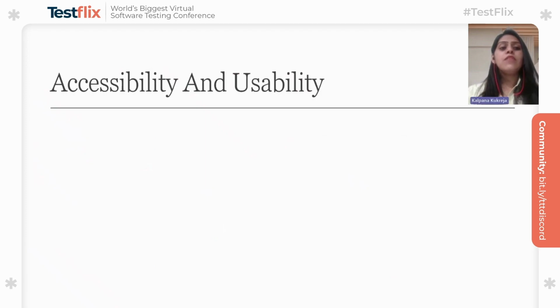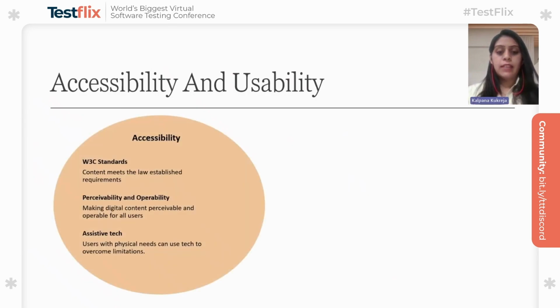Now, we have used the terms accessibility and usability throughout this presentation. Let's see what is the difference between these two and what we are targeting. When you talk about accessibility, there are certain things which stand out. First is the W3C standards, which are the WCAG guidelines.